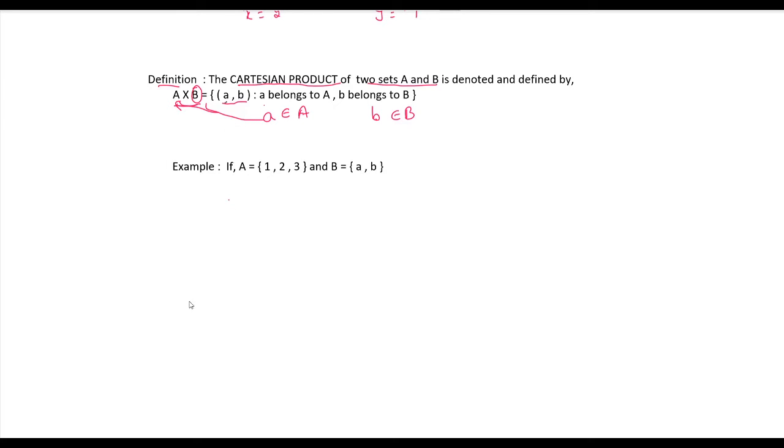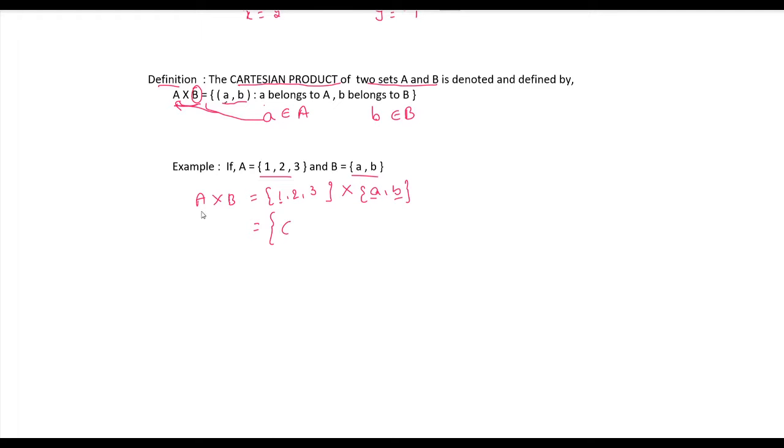Now here is an example. We have two sets and we'll write the Cartesian product of A and B. A cross B is nothing but {1, 2, 3} cross {a, b}. Now 1 should be paired with these two.